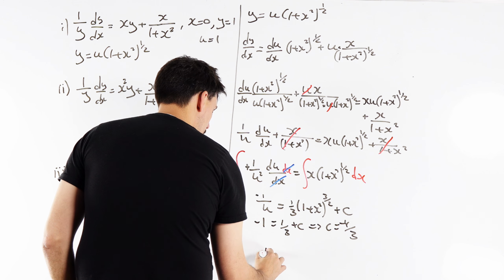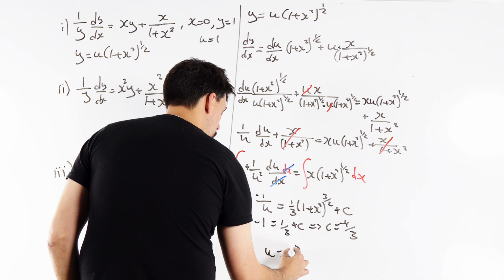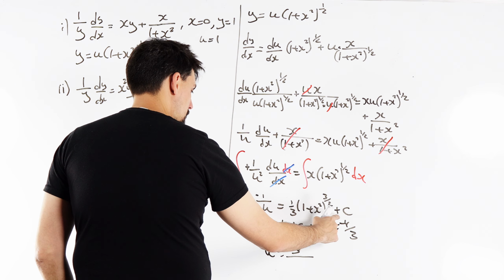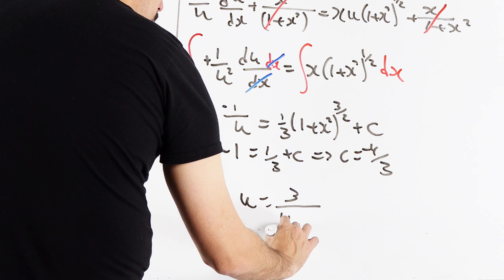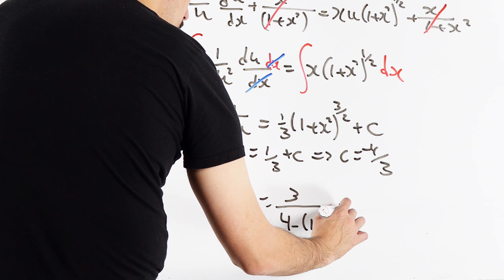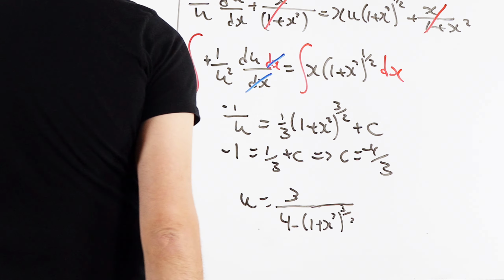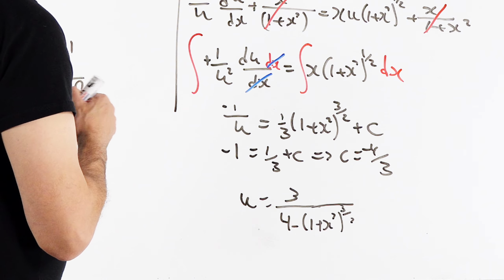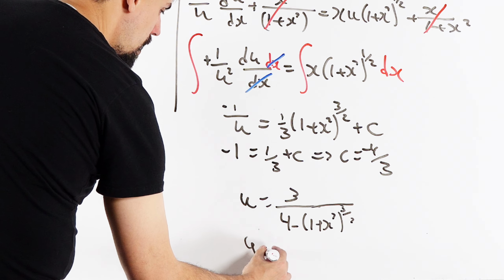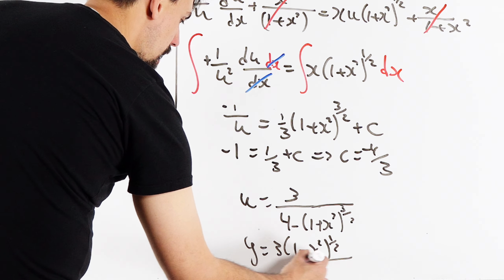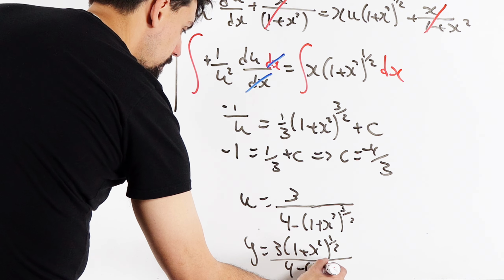That gives me the fact that u is equal to 3 over minus 4 minus (1 plus x squared) to the 3 over 2. And then to get y, I times that by (1 plus x squared) to the half. So y is 3 times (1 plus x squared) to the half over all of that.